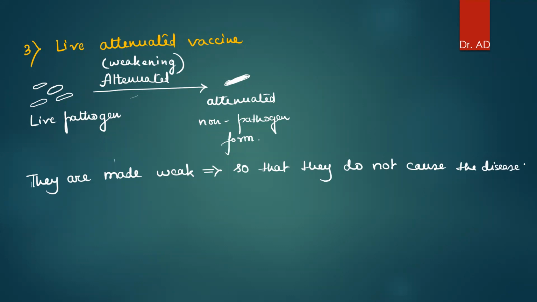Clear? Attenuation can be achieved by growing the pathogenic microorganism for a long period in a foreign host, such as embryonated eggs or tissue cultured cells.